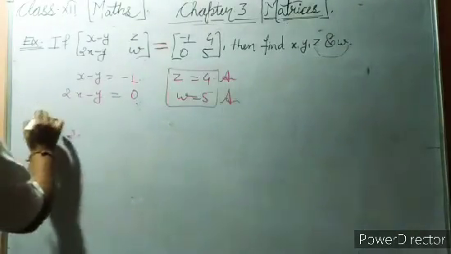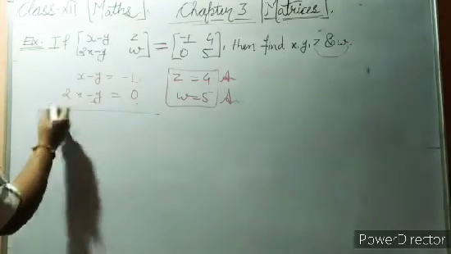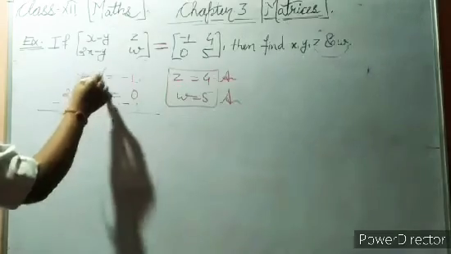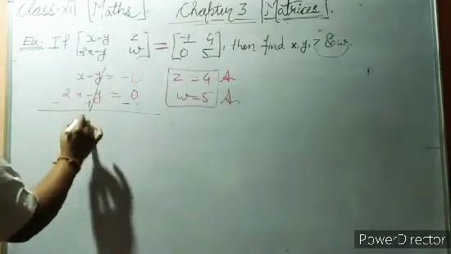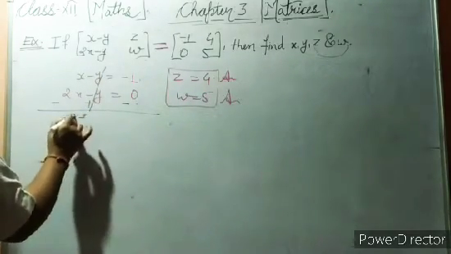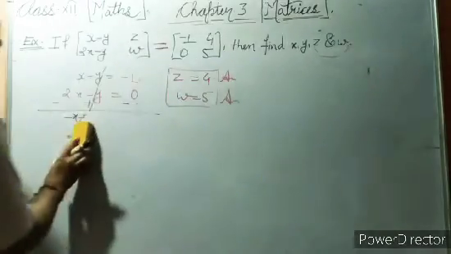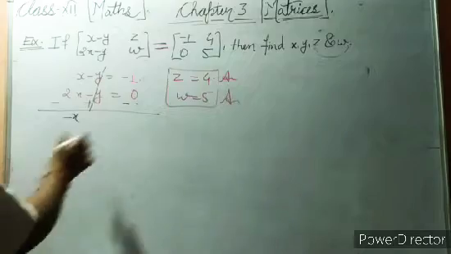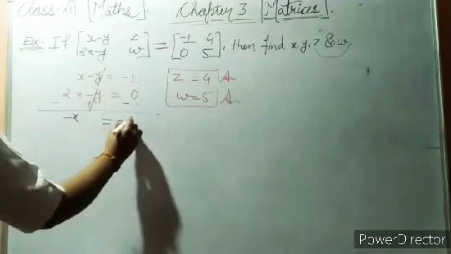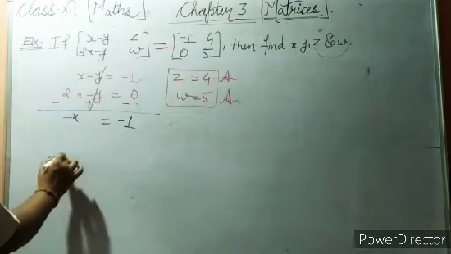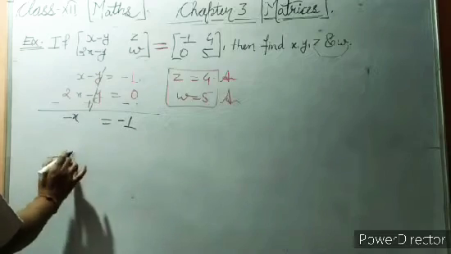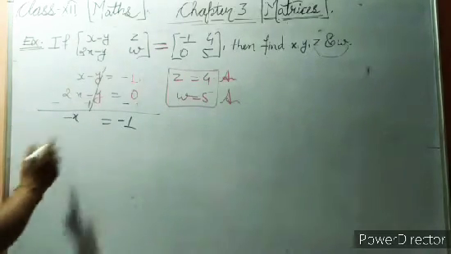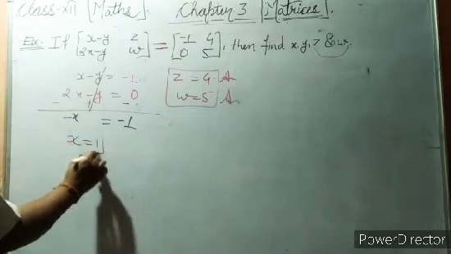Last, only two are left. So you see, y: if we subtract, it will come plus, here minus, so they will cancel. 2x minus x, that means x. Now you see x is equal to -1 minus 0, it will come -1... so x is equal to 1.